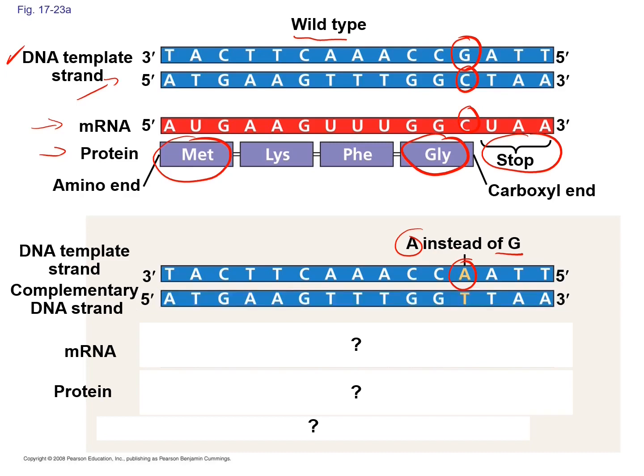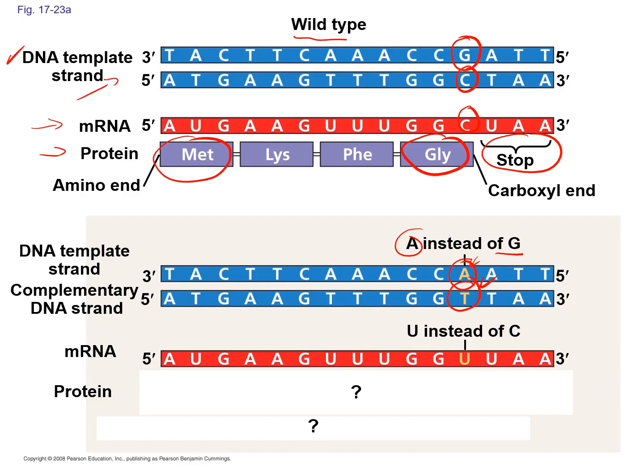So here you can see that as you change an A here, the complementary will be a T. So this will be a difference in your complementary strand. Here you will have a U because G is the complementary of C. Now, in the case of A, the complementary will be U in the RNA.